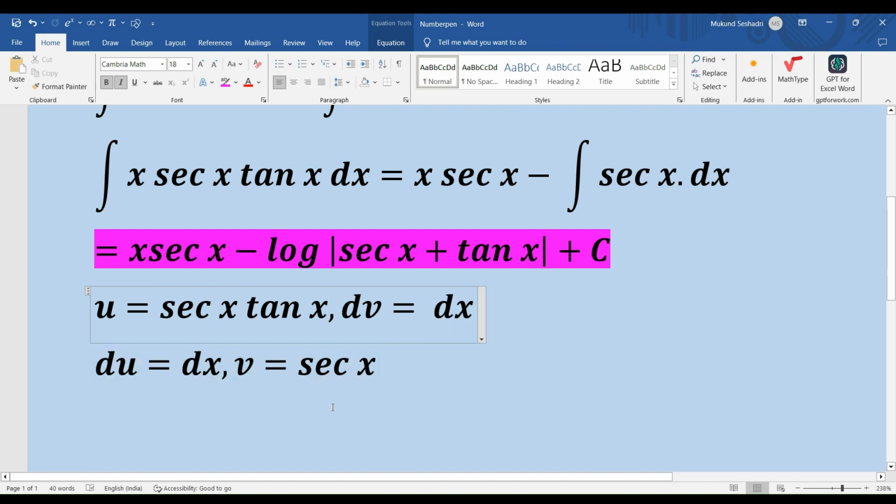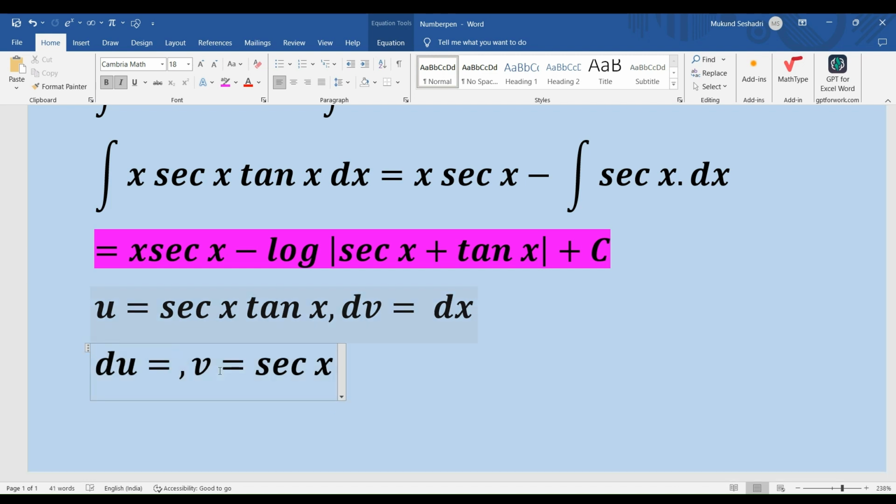Which means my du by dx is nothing but d by dx of secant x tan x. So to arrive at my du, I will have to differentiate secant x tan x applying the product rule of differentiation. Now, where does it take us? It takes us to a much more complicated expression here. My v, of course, is quite simple.